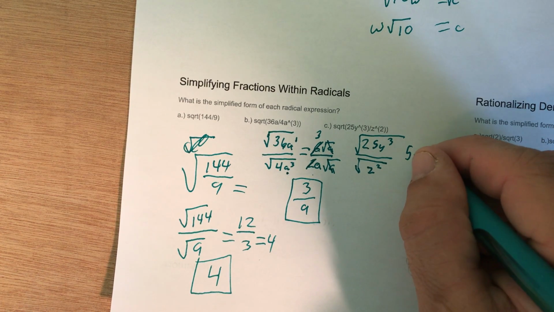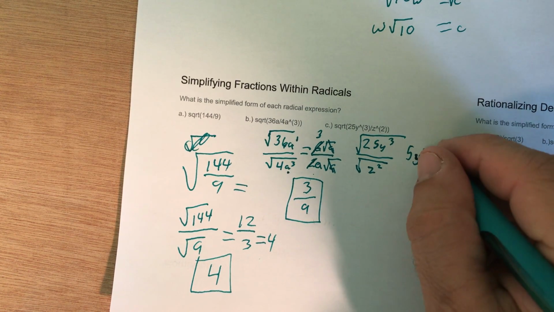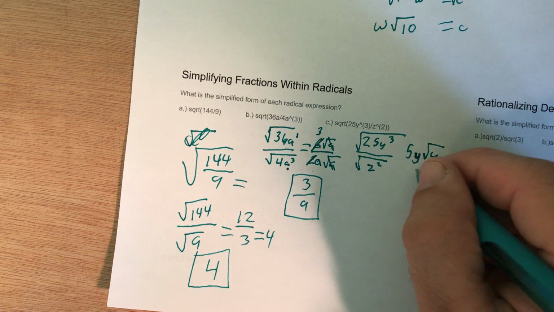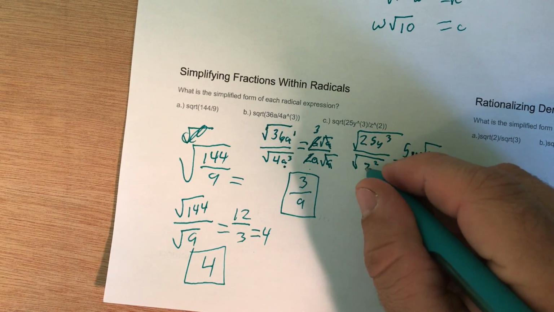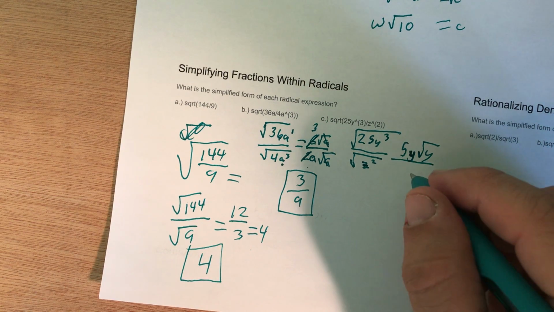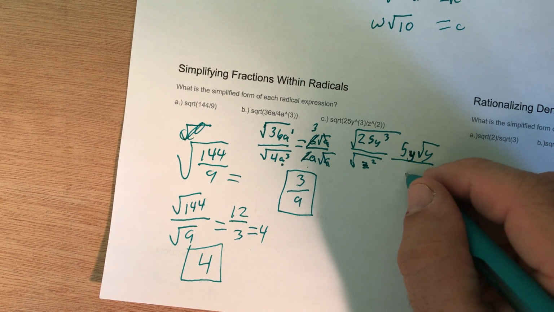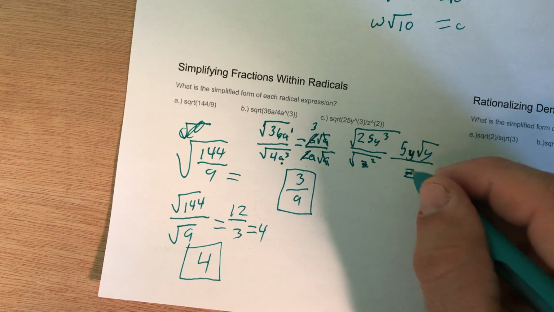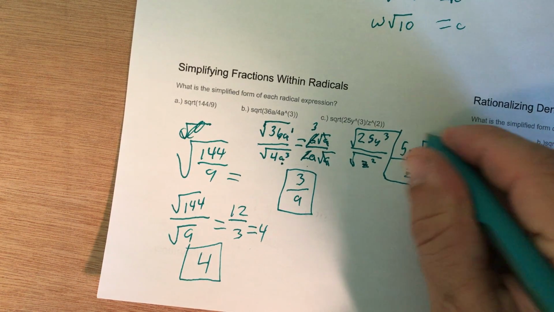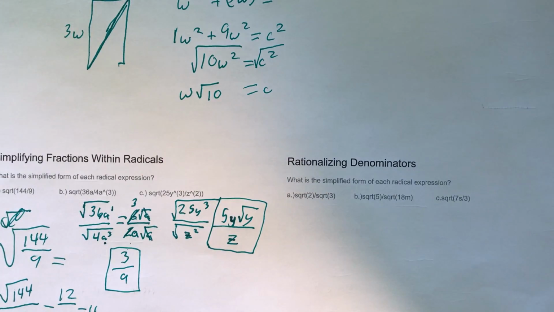Square root, can we take y to the third? Well, no, because it's not even, but we can take y to the second, which then just gets us y out here, which leaves us 1y in the square root. Z to the second, if we square root that, we're just going to end up with z out here. And there's our answer for that one.